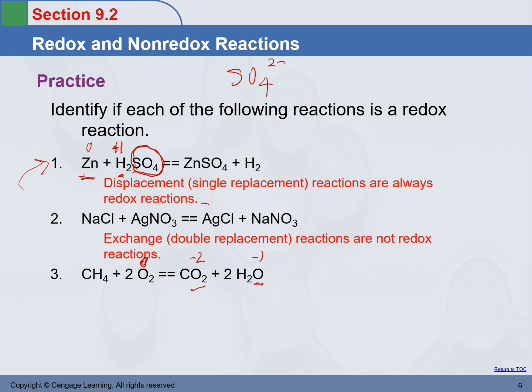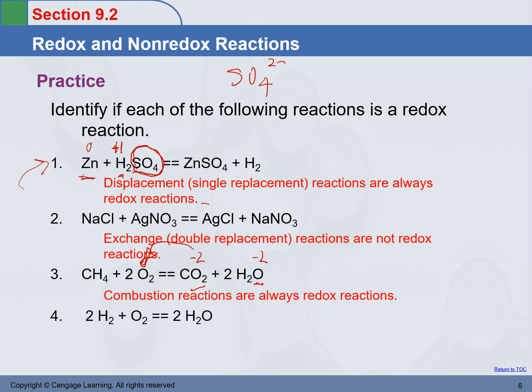So the oxidation number of oxygen changed. We don't even need to look at any other changes. If there is a change of oxidation number for any element, it is a redox. So this is a redox reaction. As a matter of fact, combustion reactions are always redox reactions.